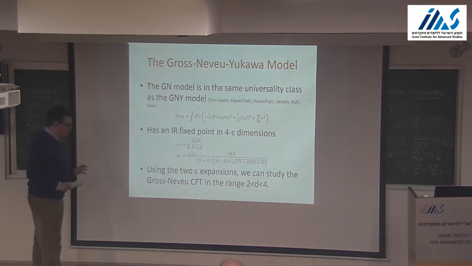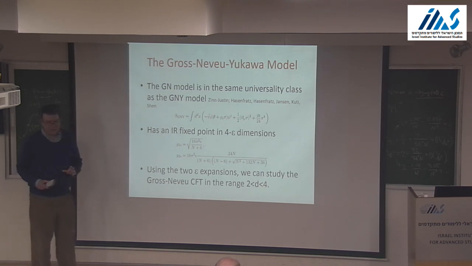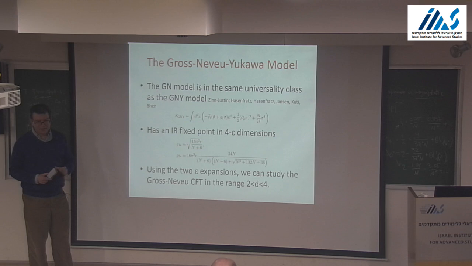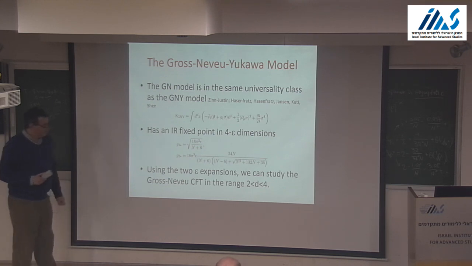And so it has basically the same respectable status as the ON model. It's a fermionic model where you can use both 4 minus epsilon and 2 plus epsilon expansions to mesh together what goes on exactly in d equals 3, which is the case of physical interest.